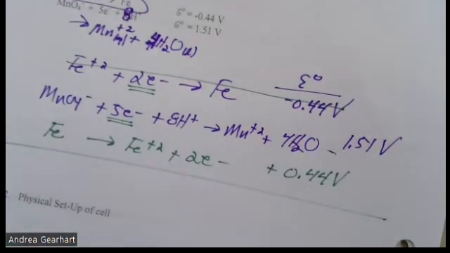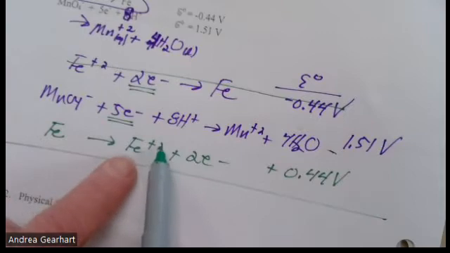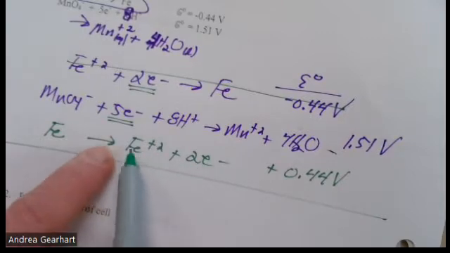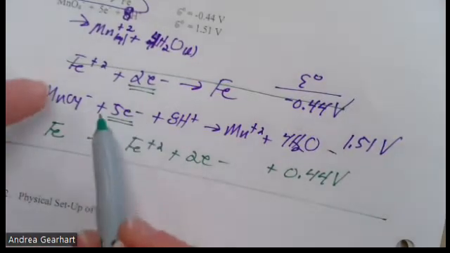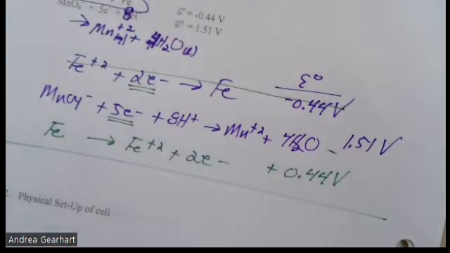Okay, well, first, we need the balanced equation. So these are balanced, one iron, a positive 2, and then 2 negatives give me neutral and neutral. So they're balanced on both sides with the number of atoms of each element, but also charges.